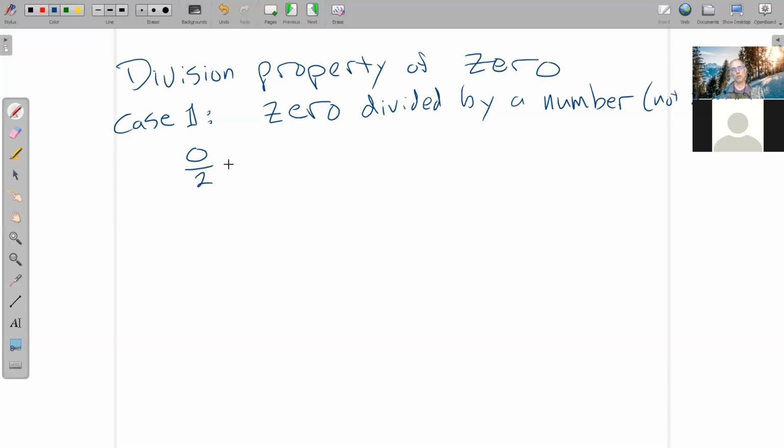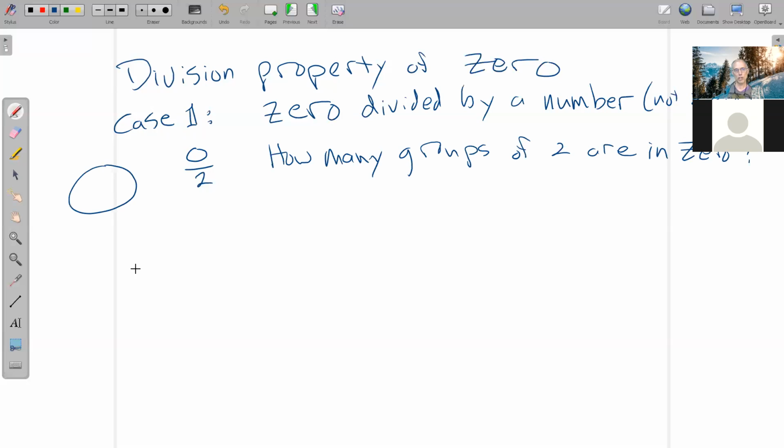We have a couple of different models for what this means. It could be the groups-in model. So this would mean how many groups of 2 are in 0.